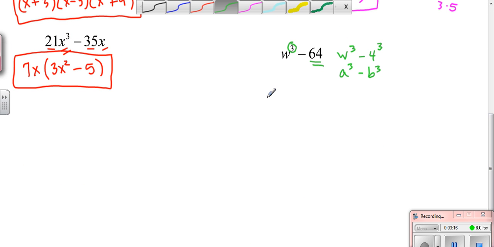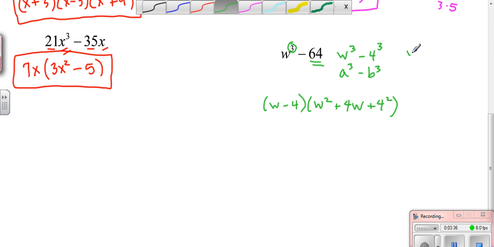The rule says take the base of the first 2 and subtract them. So my bases are those. Then it says take the first base and square it, add the 2 bases multiplied, and then add the second base squared.